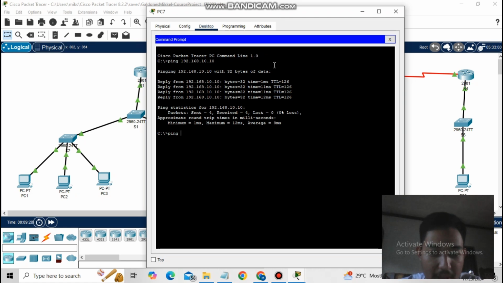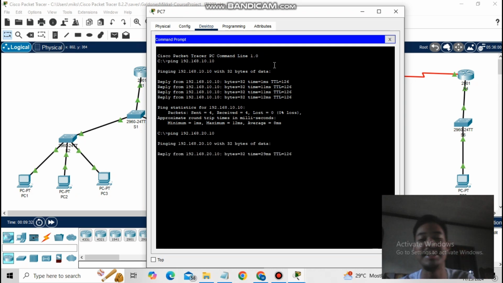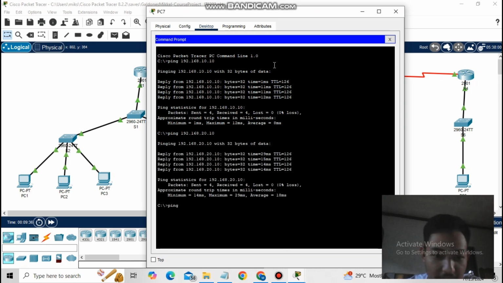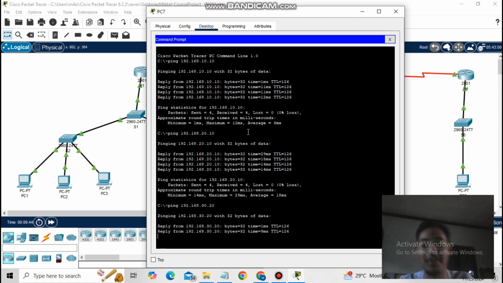Now let us try pinging PC2, and immediately we have a success as well. So why do we not try PC4, being 192.168.30.20, and we also have an immediate success.